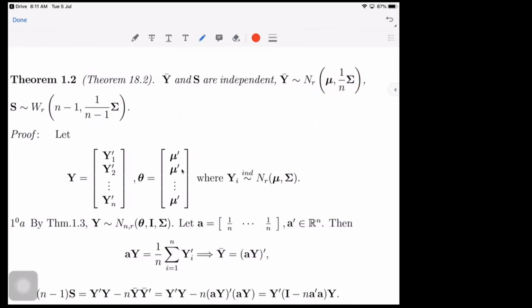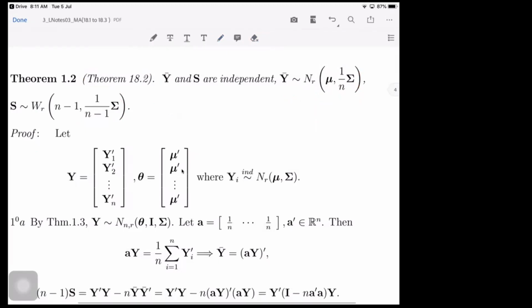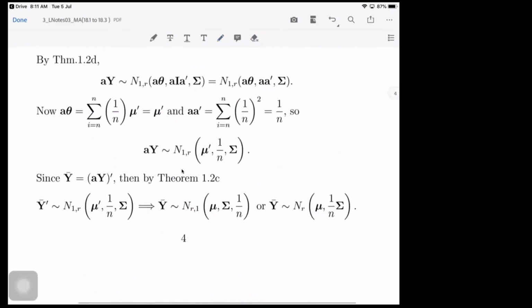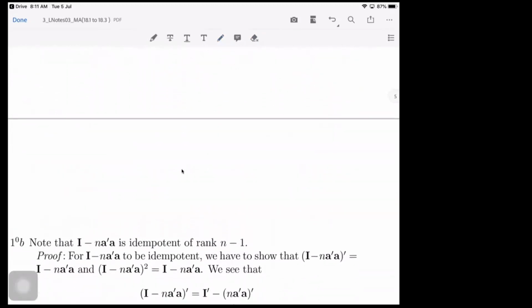So we have shown and discussed the proof of theorem 18.2, which has some subsectioning in the proof.